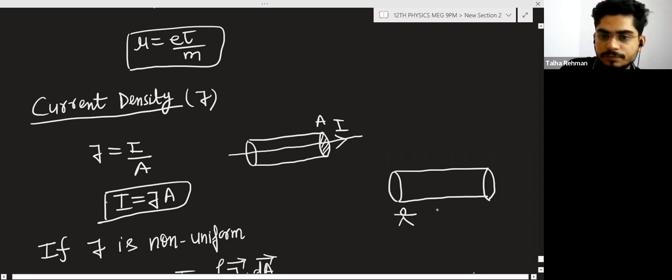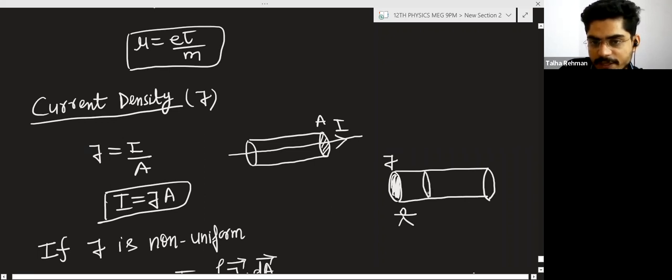At this cross section you have calculated the current density, and you will find it is J. This is the current flowing through this cross section divided by the area of cross section.